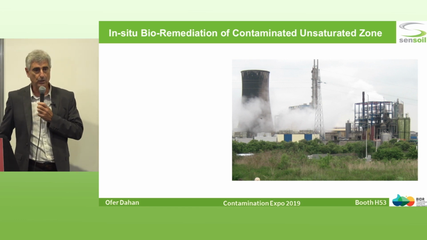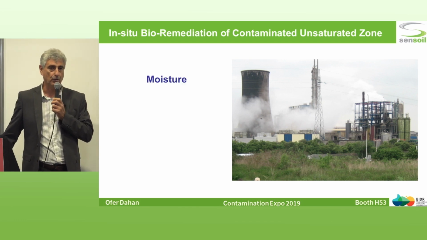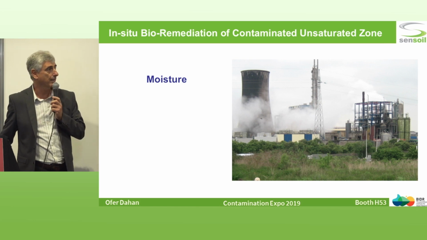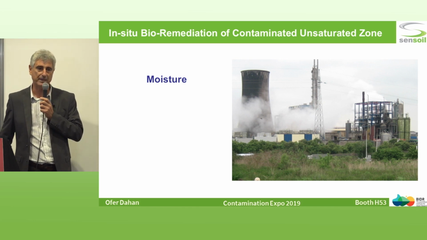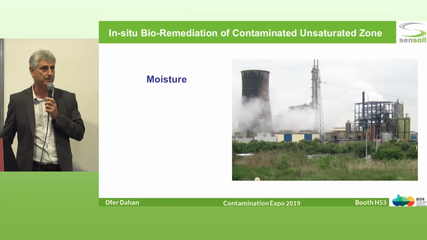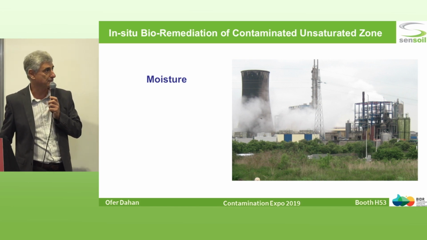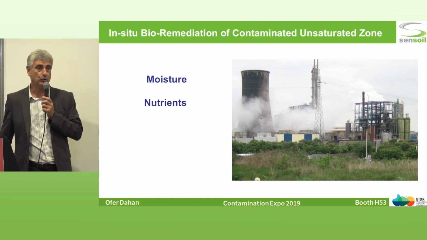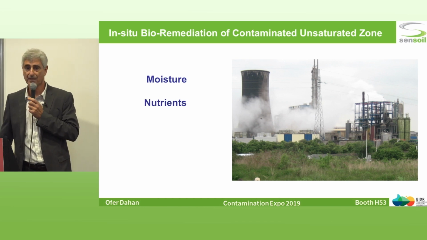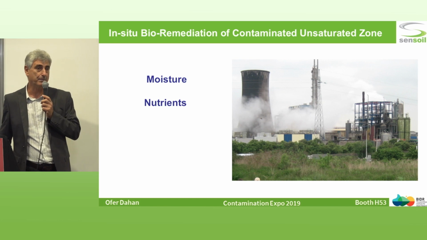So in order to do bioremediation of the unsaturated zone, we need moisture in the soil. The bacteria wouldn't do anything without moisture. So we must know the moisture status in the subsurface profile. We need to make sure we have enough nutrients in the soil or in the deep unsaturated zone.